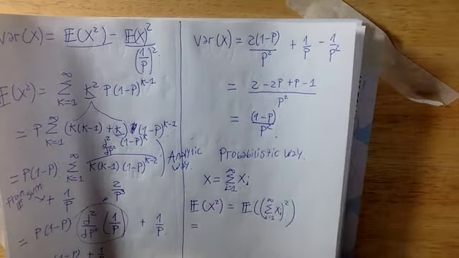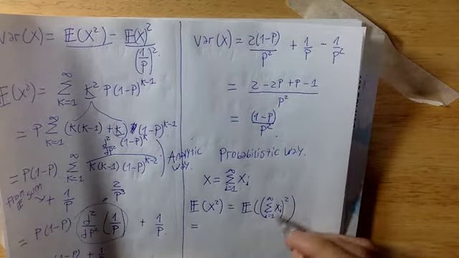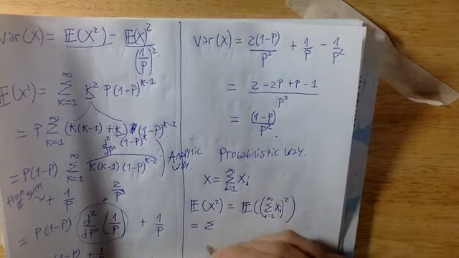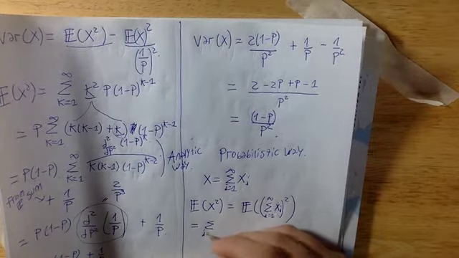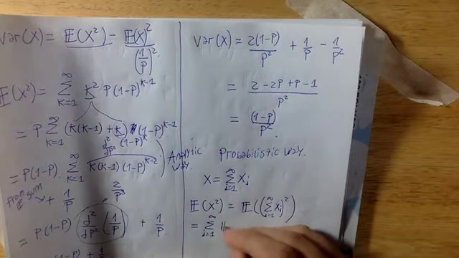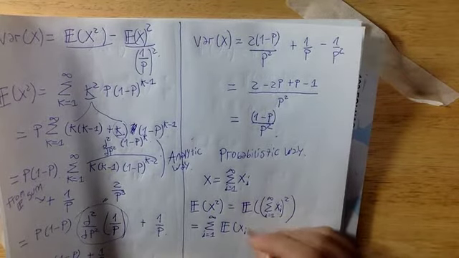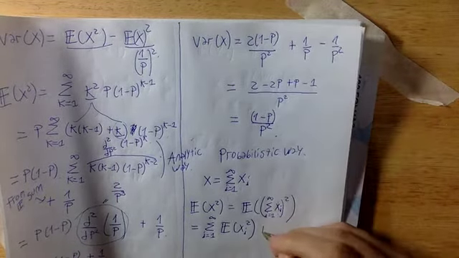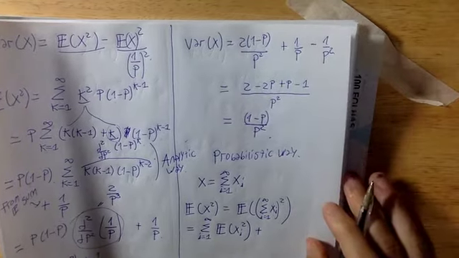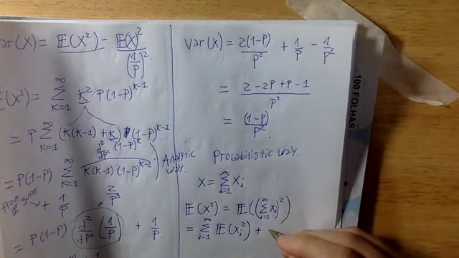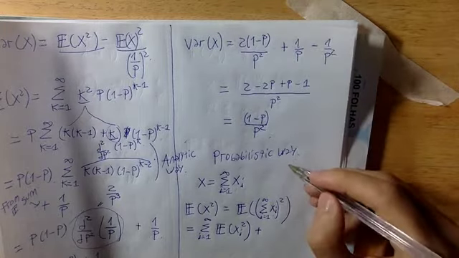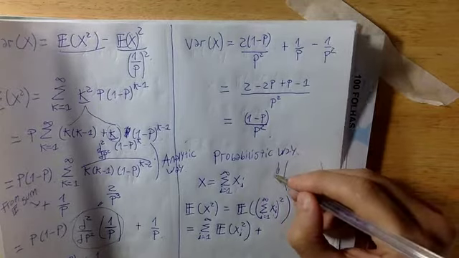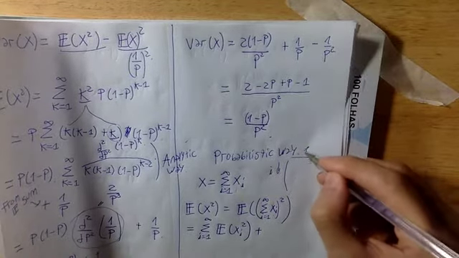The point is that the square will hit the square terms. This is the sum from i equals 1 up to infinity of the expectation of x_i squared plus the cross terms. So the way I'm going to look at the cross terms, let's say that here we have i and here we have j.